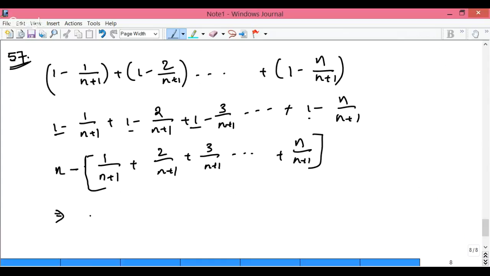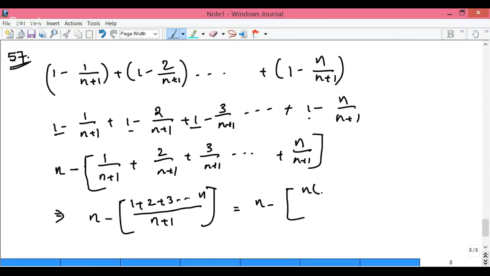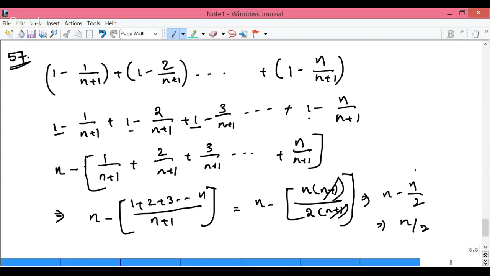The denominator is the same here, n plus 1, and the numerator is the sum of 1 plus 2 plus 3 up to n terms. It will be minus the sum of n terms, n into n plus 1 by 2 into n plus 1. Now n plus 1 will get cancelled. It is n minus n by 2, which is equal to n by 2. That is your answer, option B.